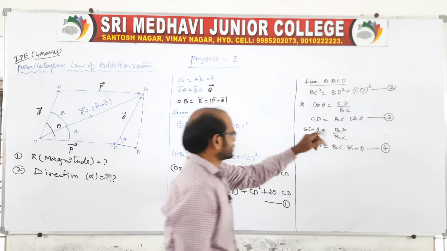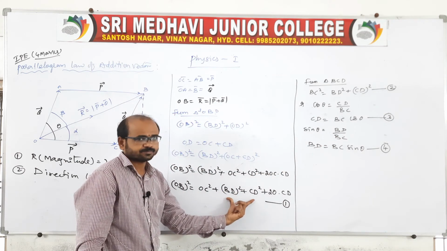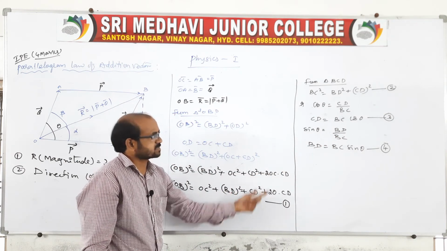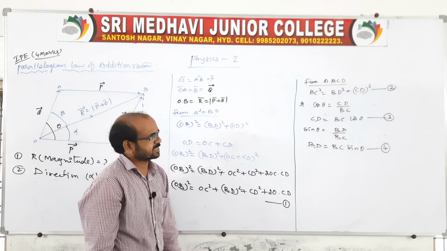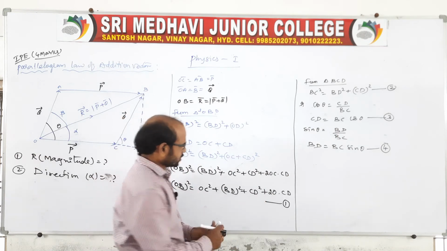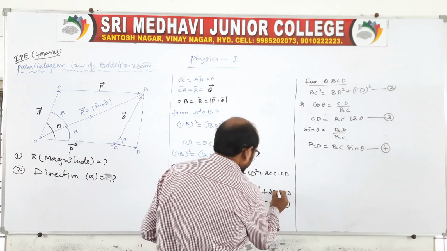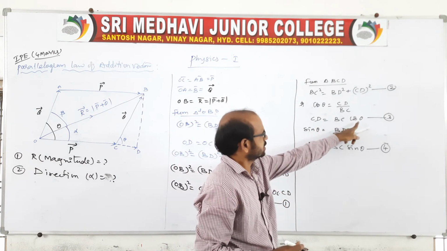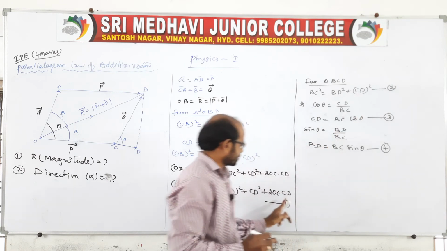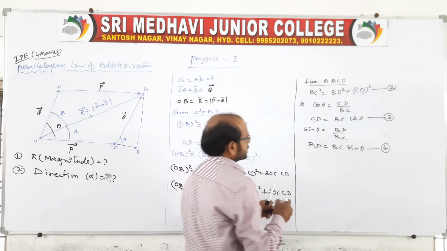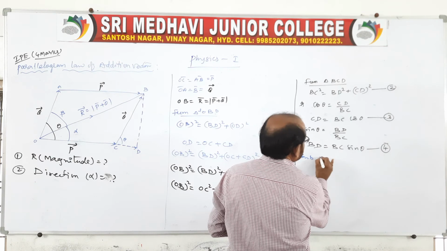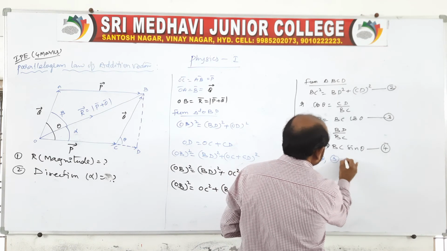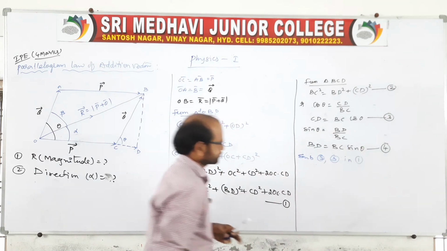Substitute expression 2 in 1, because BD square plus CD square is equal to BC square. And in the same way, CD is equal to BC cos theta; use this and replace here. Now let us substitute 2 and 3 in 1.